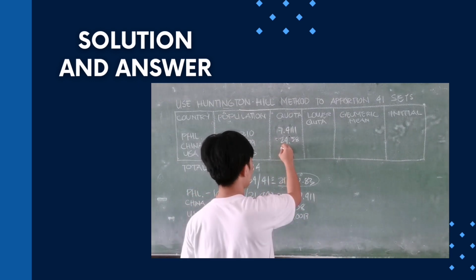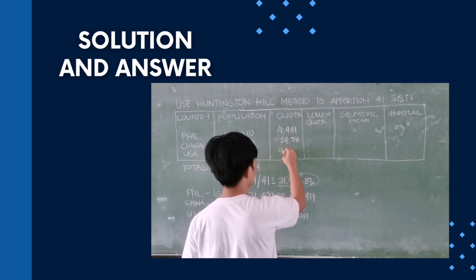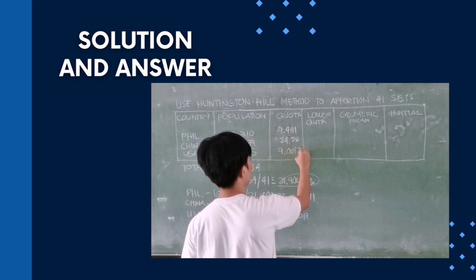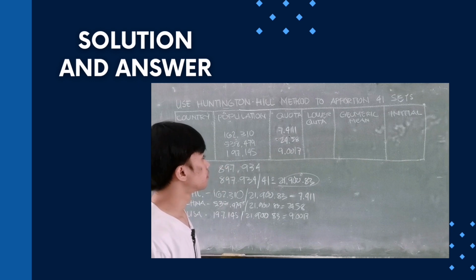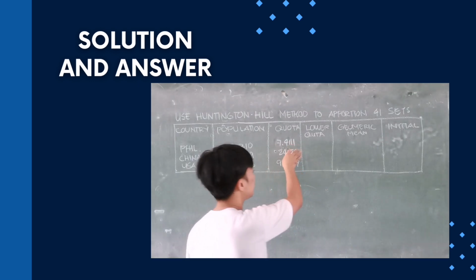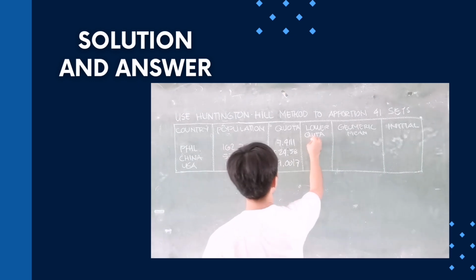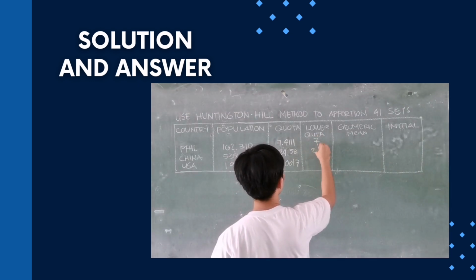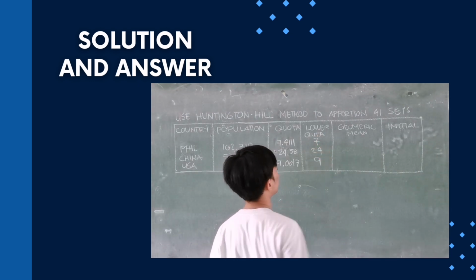And here we have our quota from USA. That's it. And for the lower quota, we just eliminate the decimal. So 7, 4, and 9.